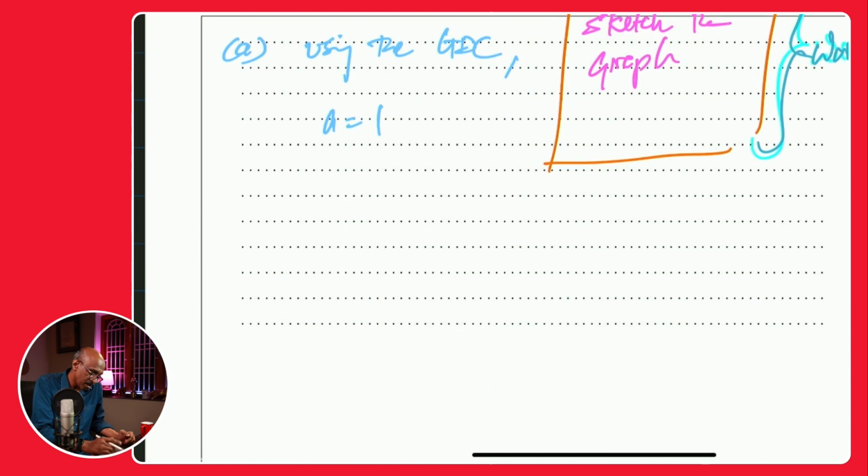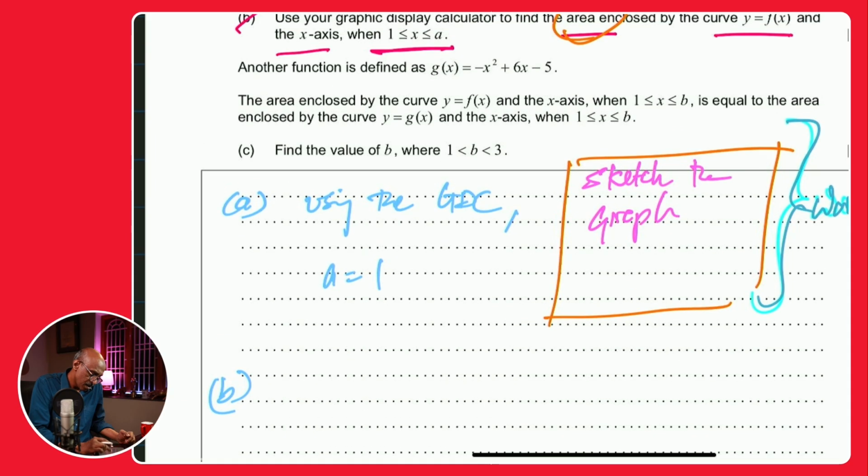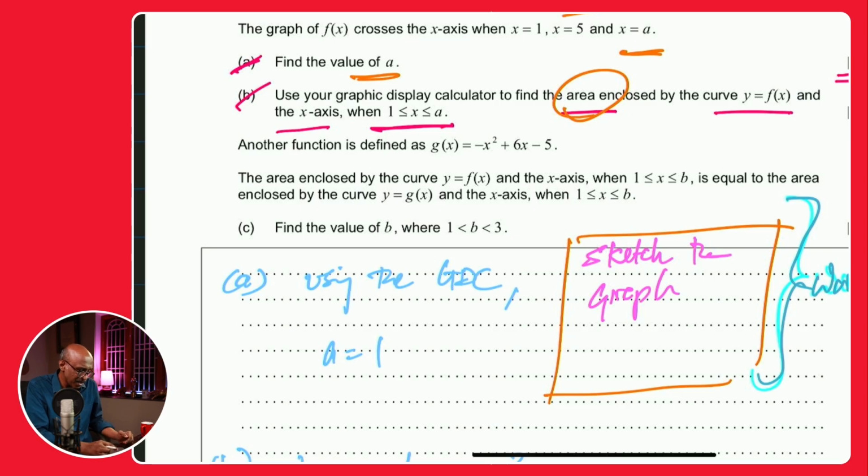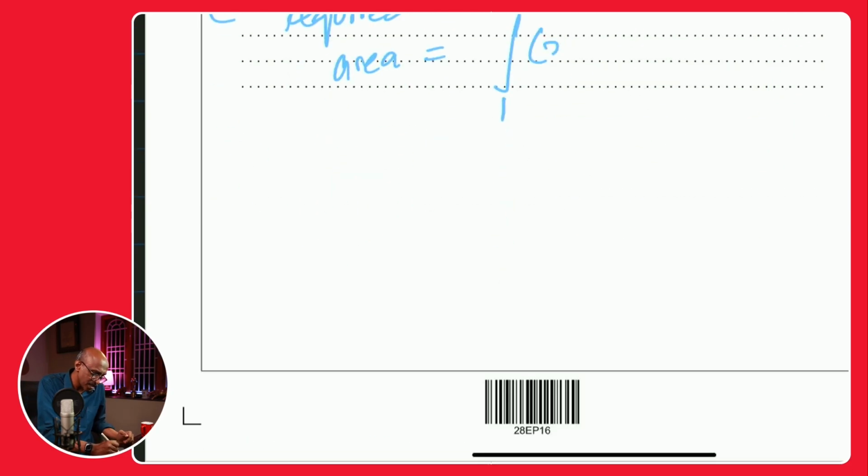So then how do we write the answer? We'll write the answer as: required area is the definite integral from 1 to 3. Now don't write f of x. Can you write f of x dx? Well, you can, but I would recommend that you write down the entire expression.